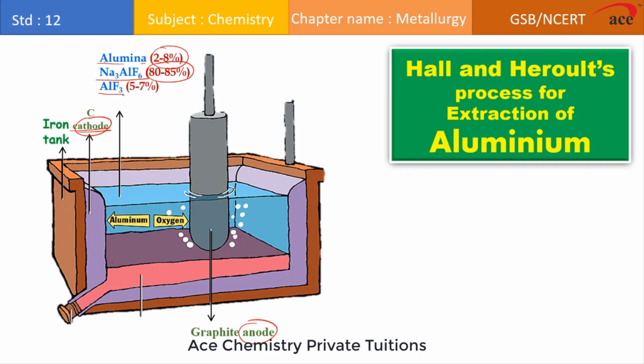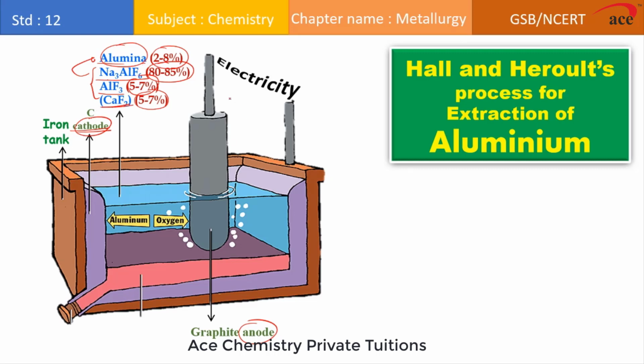Aluminium fluoride is 5 to 7%, and fluorspar, also called calcium fluoride, is 5 to 7%. Now these are all supporting electrolytes which are added to increase the conductivity of alumina and also to reduce the melting point of the alumina.